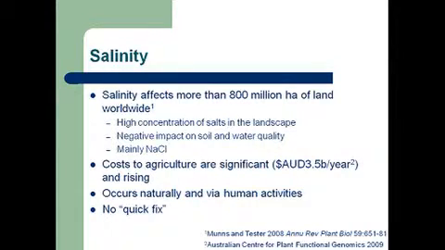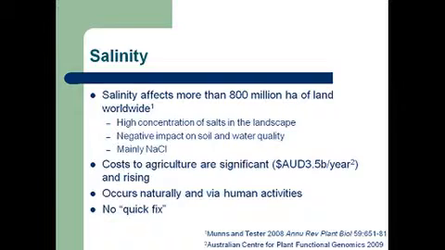So just to give you a bit of background to where this project started, as we know, one of the major issues affecting Australian agriculture is the increasing salinity of otherwise highly productive land. Salinity refers to a high concentration of salts in the landscape, to the point that they have a negative impact on soil and water quality. And the main culprit is this guy, this sodium chloride.